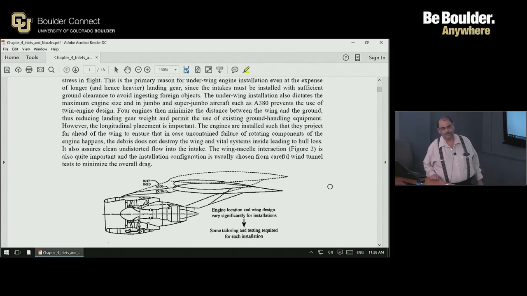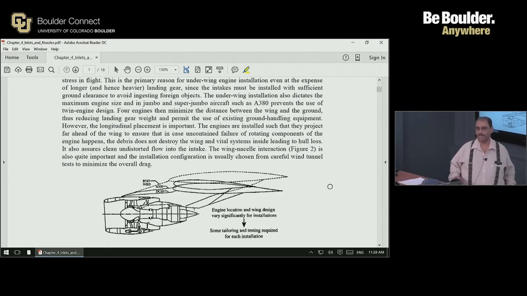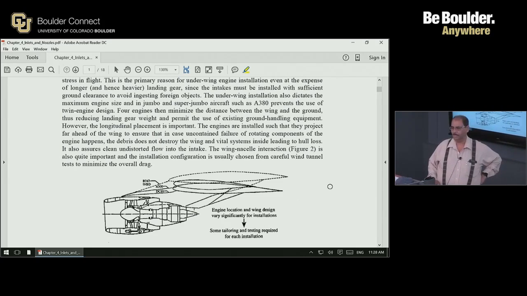Okay. The advantages of having the engines hung under the wings is simply due to the fact that the engines weigh quite a bit. Okay. And in terms of a few metric tons, depends on the size of the engine.